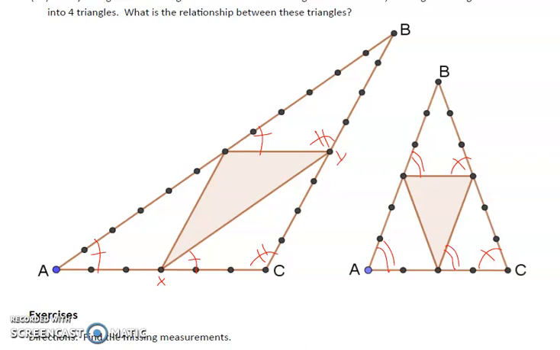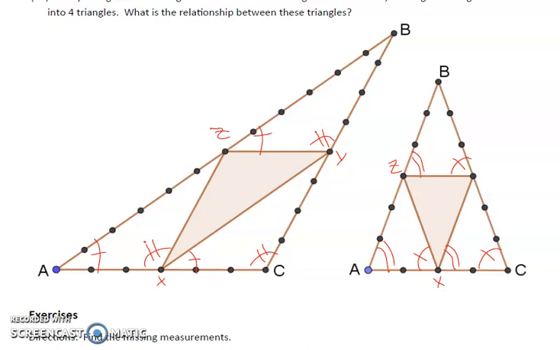And because this segment, which I'll call XZ, is parallel to BC, the angle at C and the angle here will be the same. Same thing on the other one, if I use the letter Z, the angle at C and the angle here at X are going to be the same. So the three triangles that are not shaded end up being similar to each other.